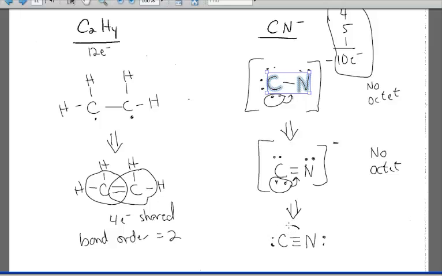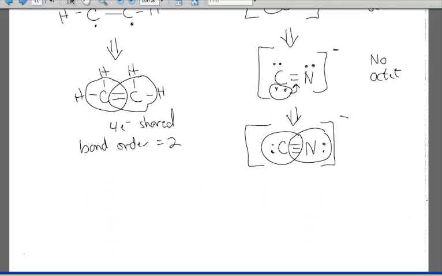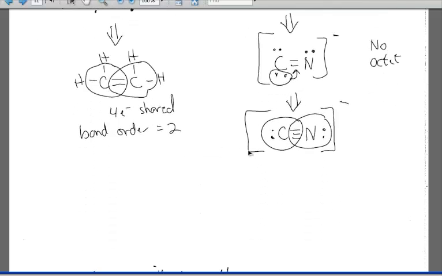And now carbon has an octet, nitrogen has an octet. Don't forget, we need brackets and a negative sign. Okay, and we say that it has a bond order of 3.